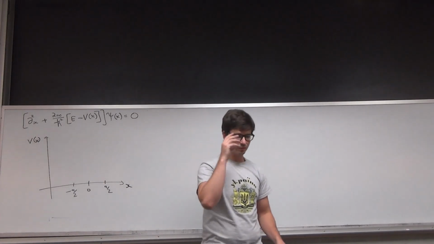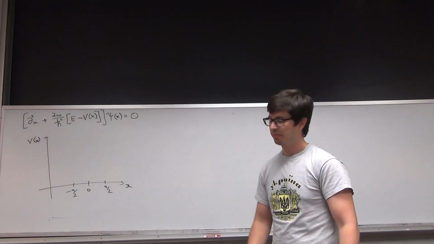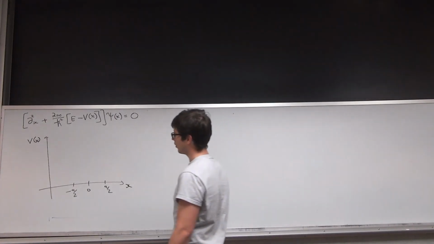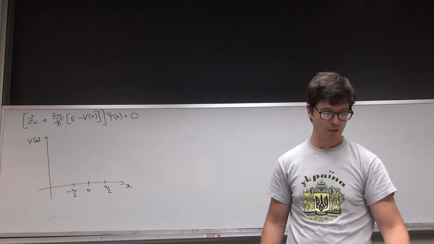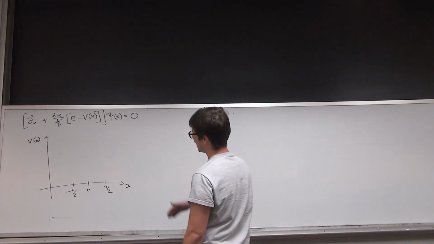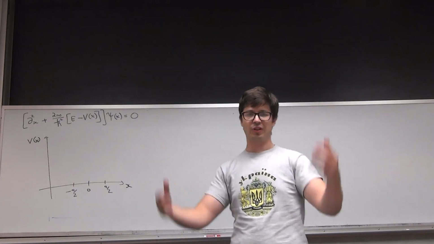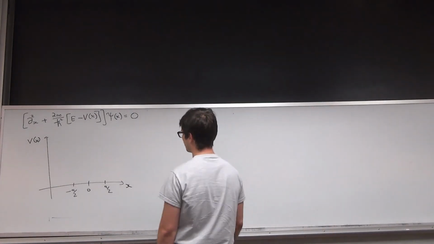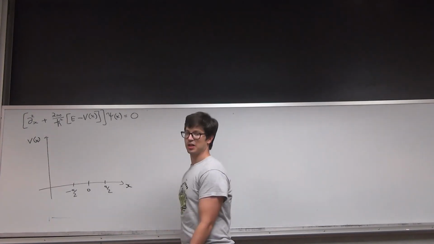This time, instead of looking at what happens to a single potential step, we're going to look at what happens in an infinite potential well. So we're again solving for stationary states. We're solving the time-independent Schrodinger equation, which has this form for a particular potential.